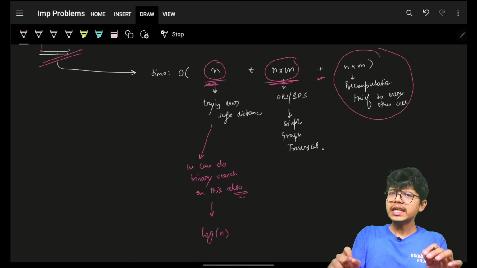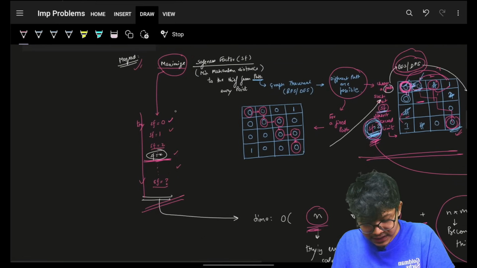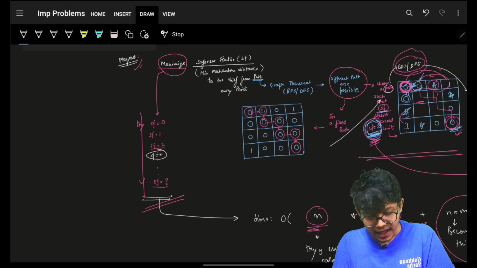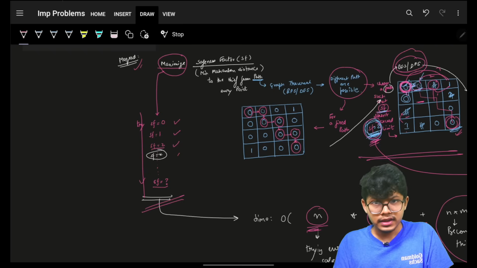And if we look very closely, we can optimize this. How? Because it is gradually increasing. It will be possible that a safest factor of 0 is possible, 1 is possible, 2 is possible, 3 not possible, 4 not possible, 5 not possible.